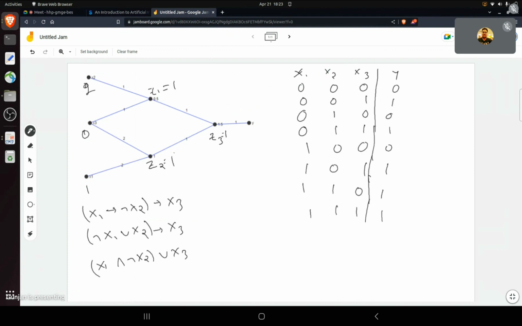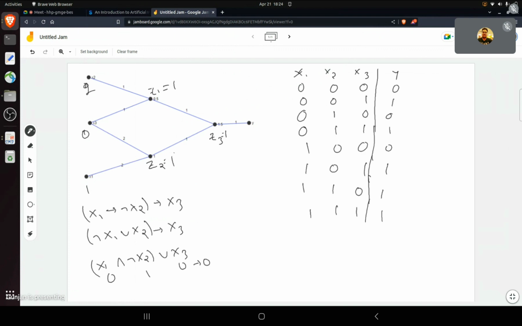Okay. So when it is 0 0 0, this is 0 and 1 or 0, so this is 0. When it is 0 0 1, so this will be 0, this will be 1, so it will be 1. When it is 0 1 0, it is 0, that is true.